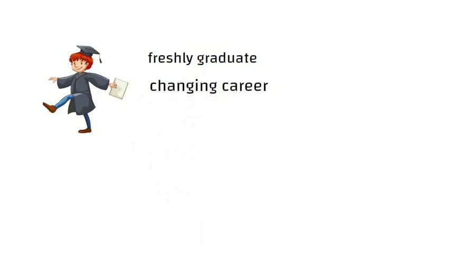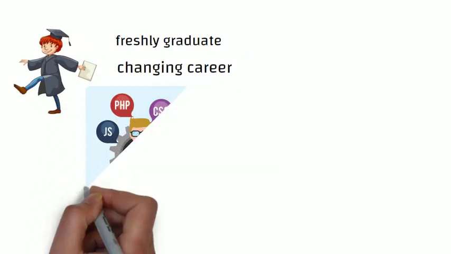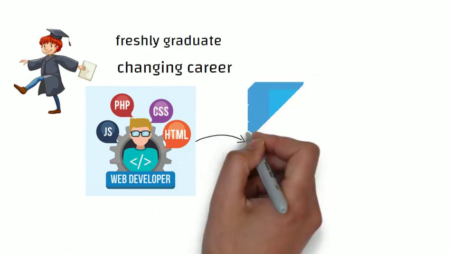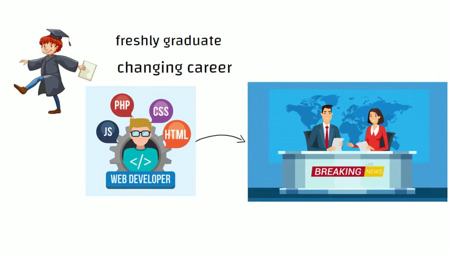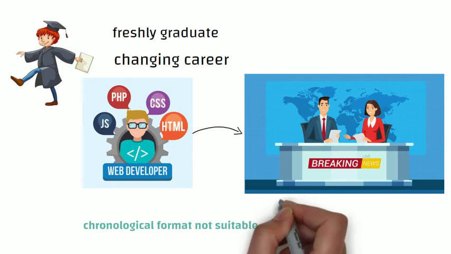Also, if you are changing your career, for example, you were working for 7 years as a website developer in different organizations and now you want to apply for the position of a host at a certain channel. You wouldn't have an experience of it and you cannot write about your website development here as it is irrelevant now. In this case, the chronological order is not a suitable format of resume for you.